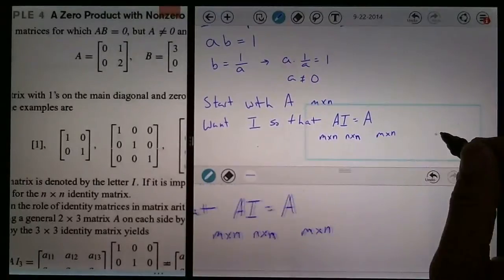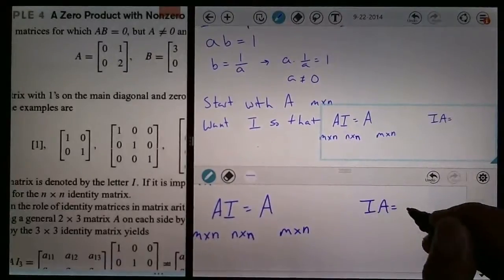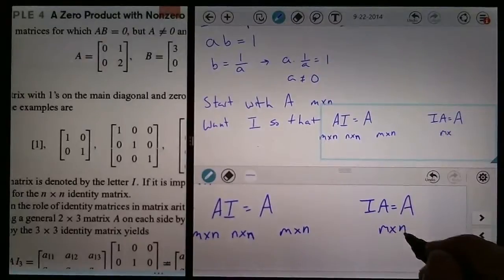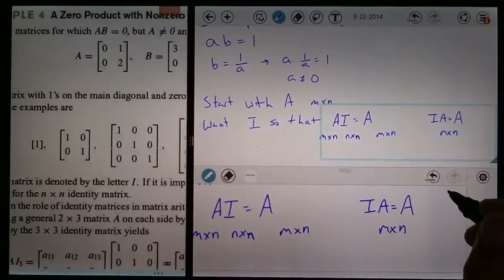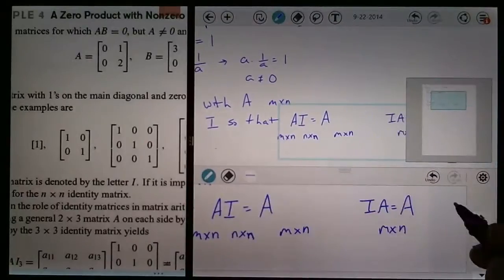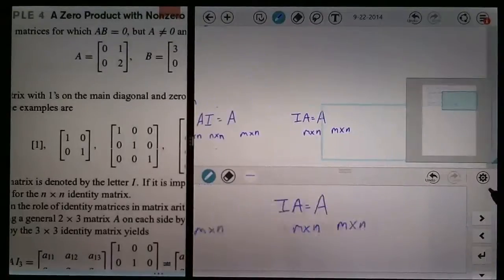If I do it on the other side, let me move over here. If I said I also want I times A to equal A, and this is m by n, the result, of course, is m by n. So this side is m by n.